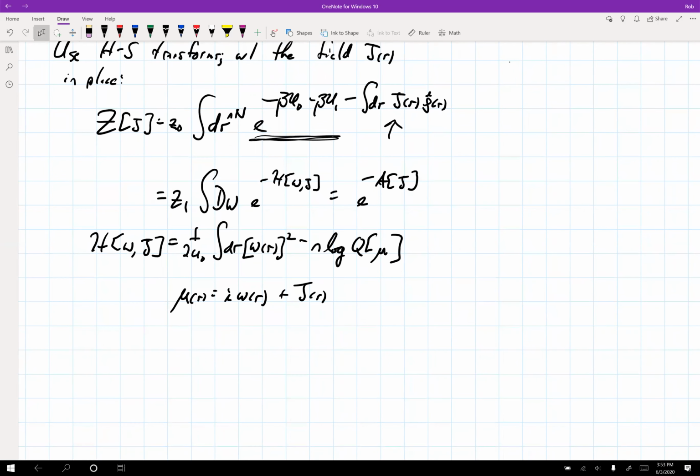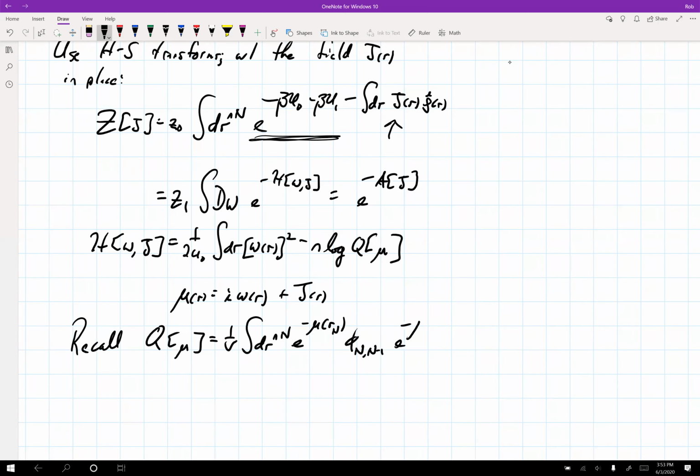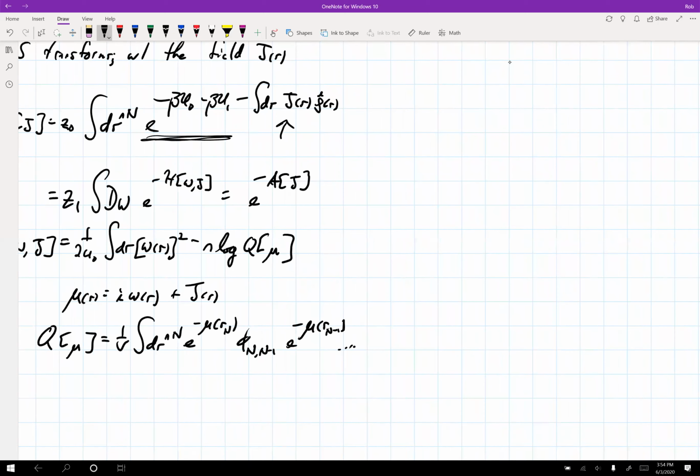And of course, we can recall that our Q of mu is just simply 1 over V integral dr little n big N e to the minus mu of r_n, bond transition probability between n and n minus 1, and so on, all the way down the chain until we get to the last guy.